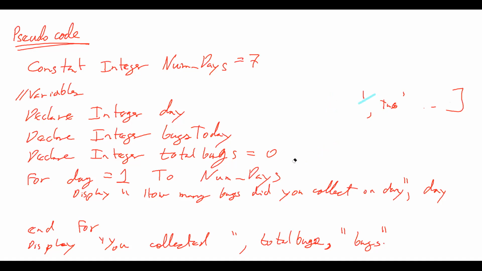So that's another way of doing it, but we're not going to change it. We're just going to do it this way. So we do this. Then we do input, obviously. Input bugs today, which is that one.